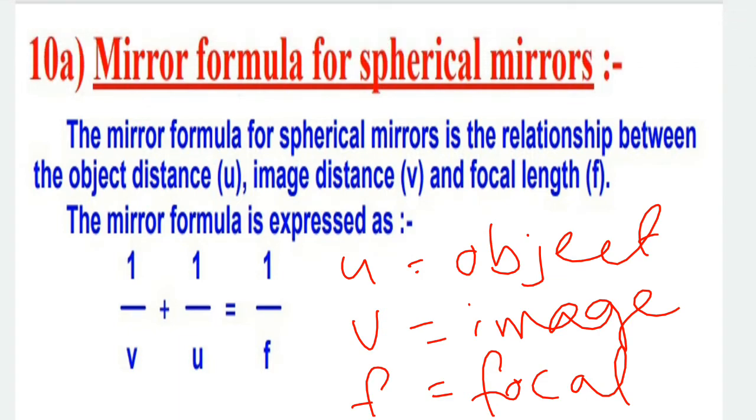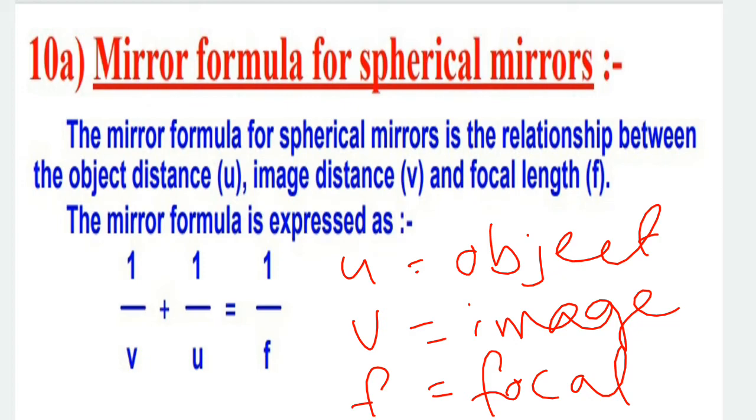Clear? Now the formula which gives the relationship between object distance, image distance and focal length is known as the mirror formula. As you can see on the screen, 1 upon V plus 1 upon U is equal to 1 upon F. This mirror formula is valid in all situations, for all spherical mirrors and for all positions of the object.